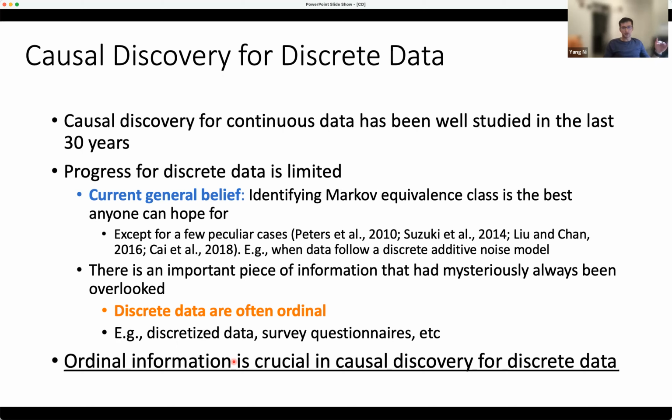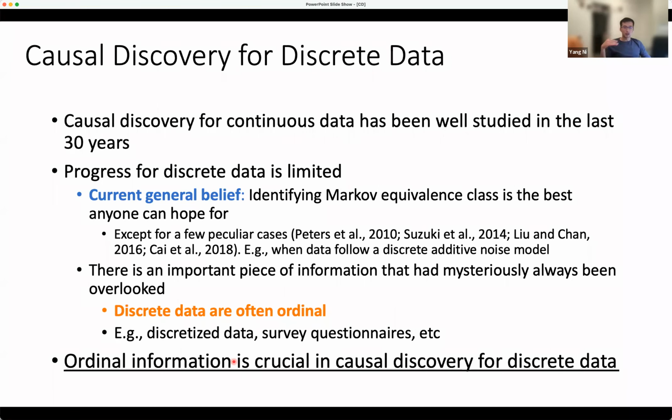But here the scenario is very, very different. For ordinal data, if you use a nominal causal discovery algorithm, then no matter how large your sample size is, you will never be able to identify a unique causal graph. On the other hand, if you take into account all the ordinal information in building a model, with a finite sample you may be able to identify the causal graph.